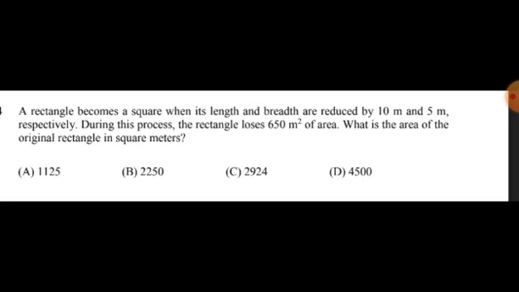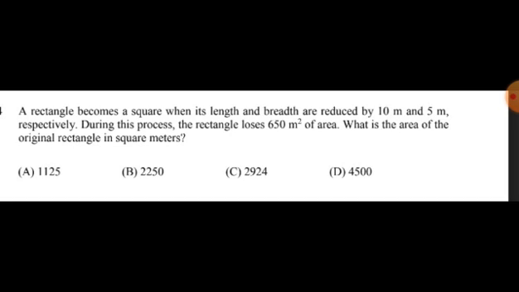Therefore the area of a square is the product of two equal sides. Here the length of this square is L minus 10 and the breadth is B minus 5. Both should be the same, so equate this: L minus 10 is equal to B minus 5. Now substitute different values for L and B so that they are equal.